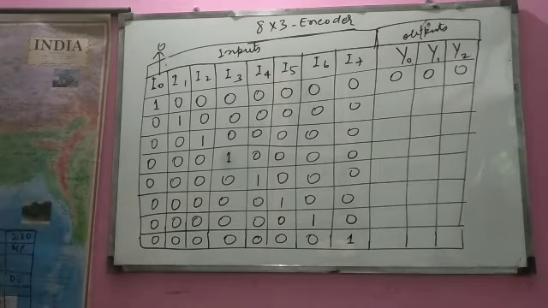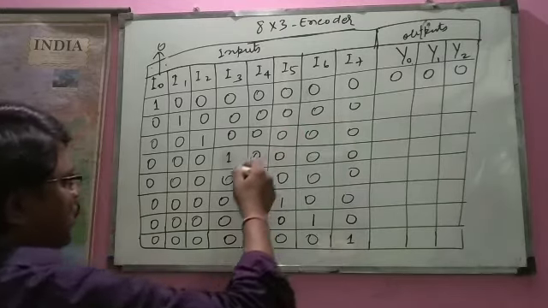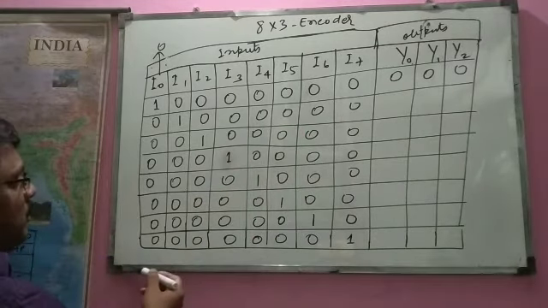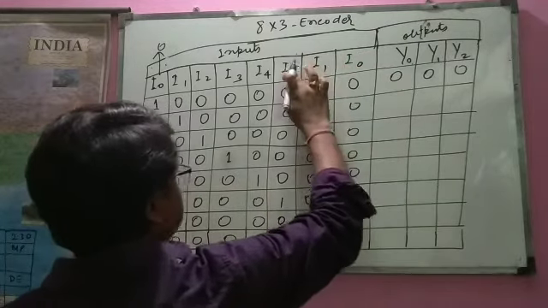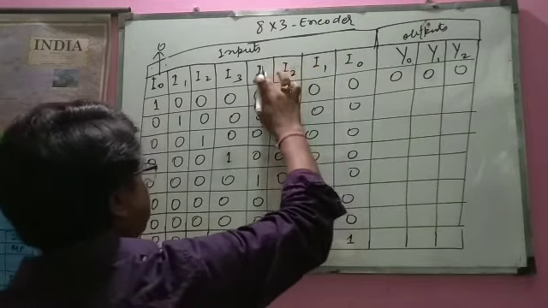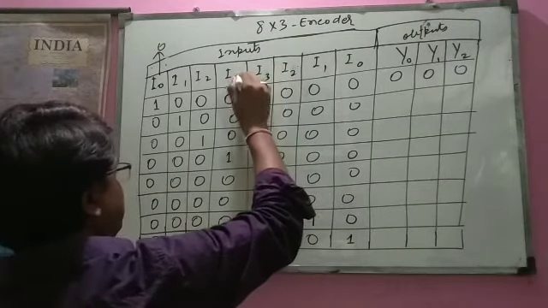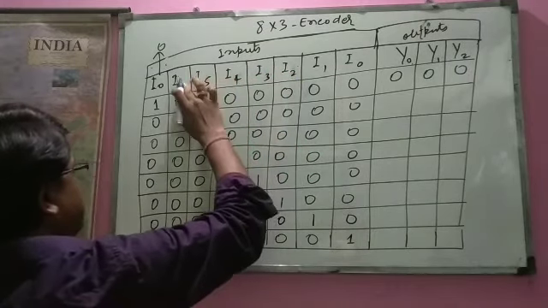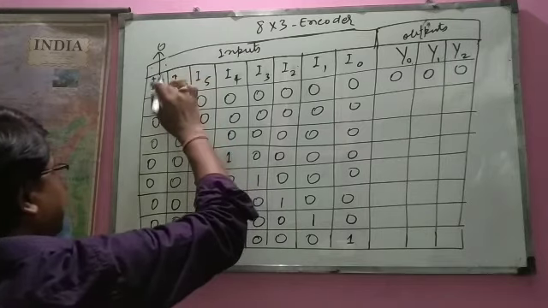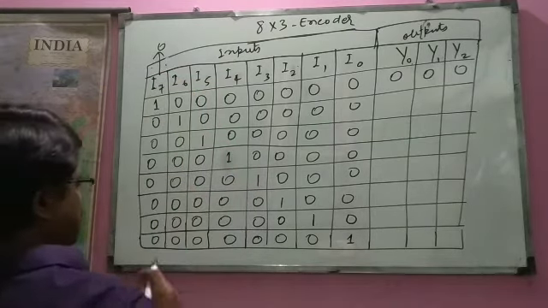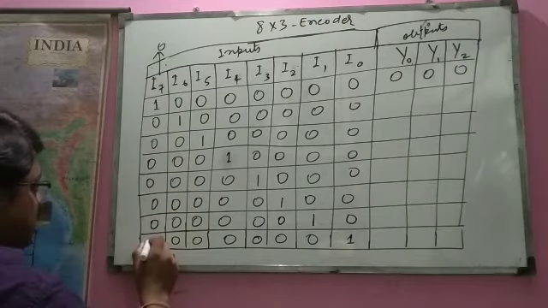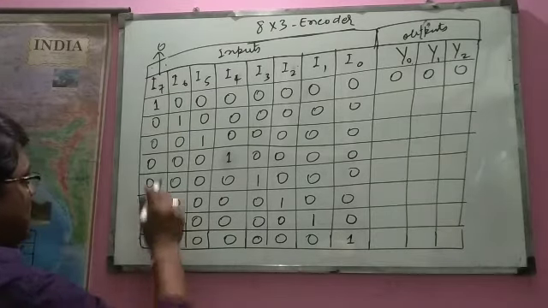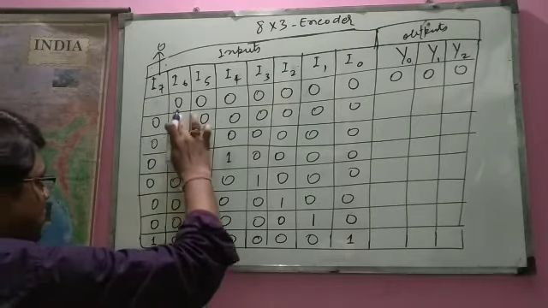You can do it. In that case, in this diagonal there will be 1, and at the end only I7 is high.